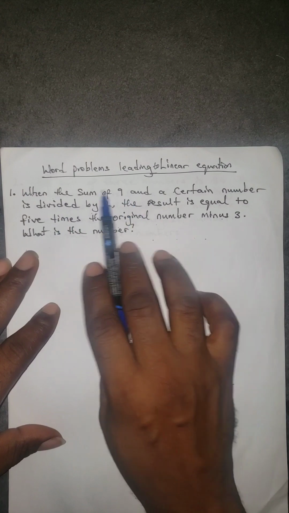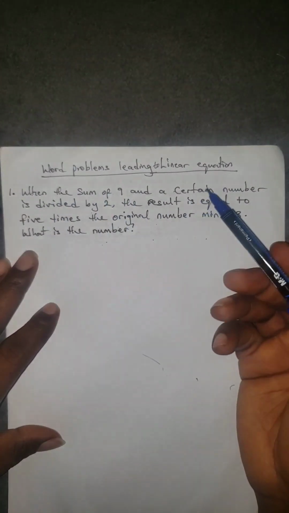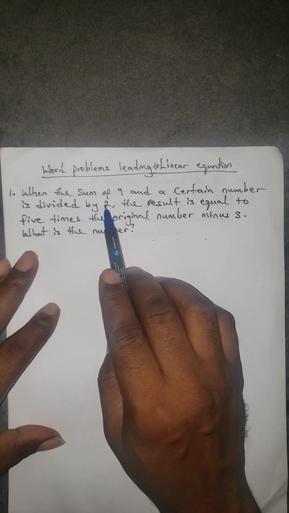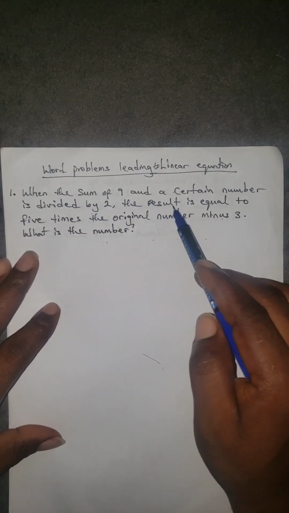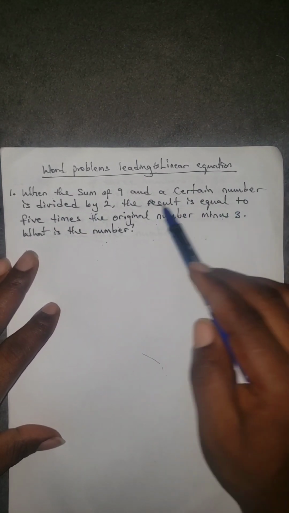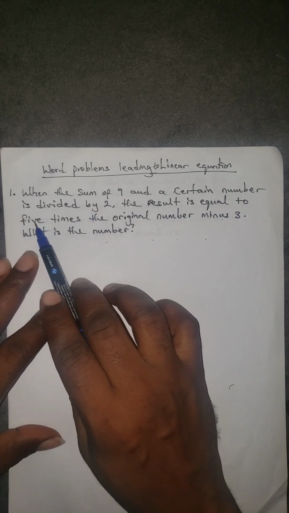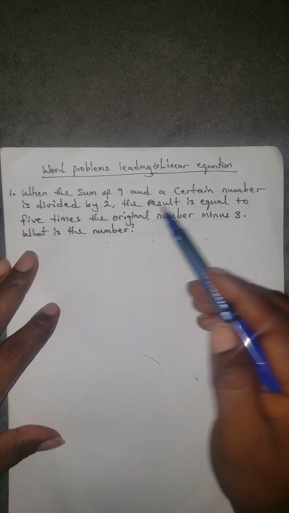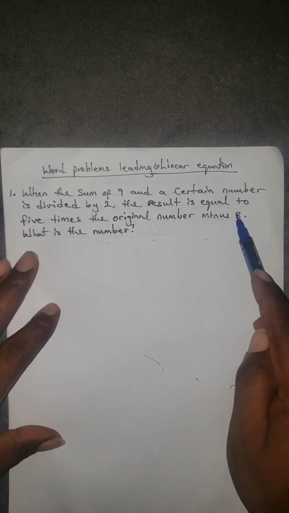So now you need to understand the question. The sum means addition of 9 and a certain number. Then you now divide it by 2. Result means equal to. So the result is equal to 5 times the original number, then minus 3.